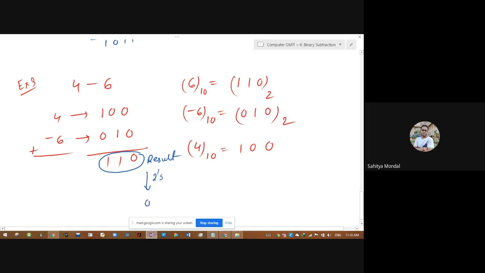Now find the 2's complement, and also put a negative sign before the number in decimal. So in decimal it is 2, and put a negative sign, minus 2. So if you subtract 6 from 4, we will get minus 2 as well.